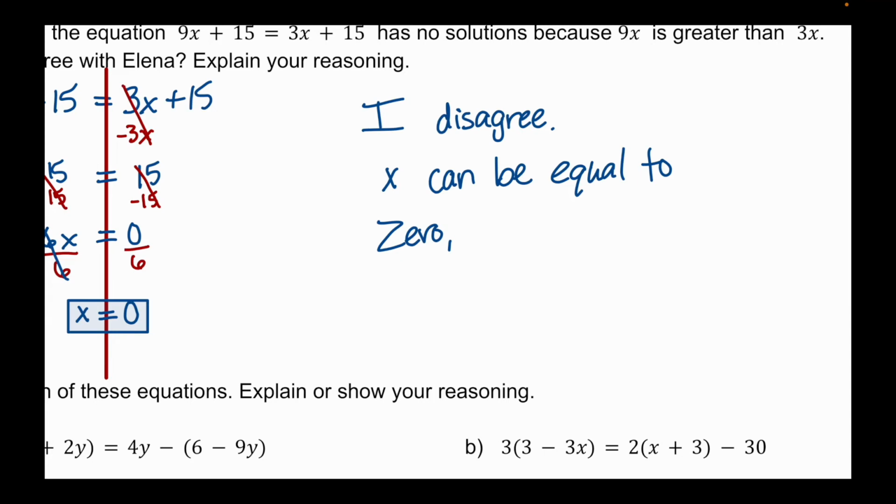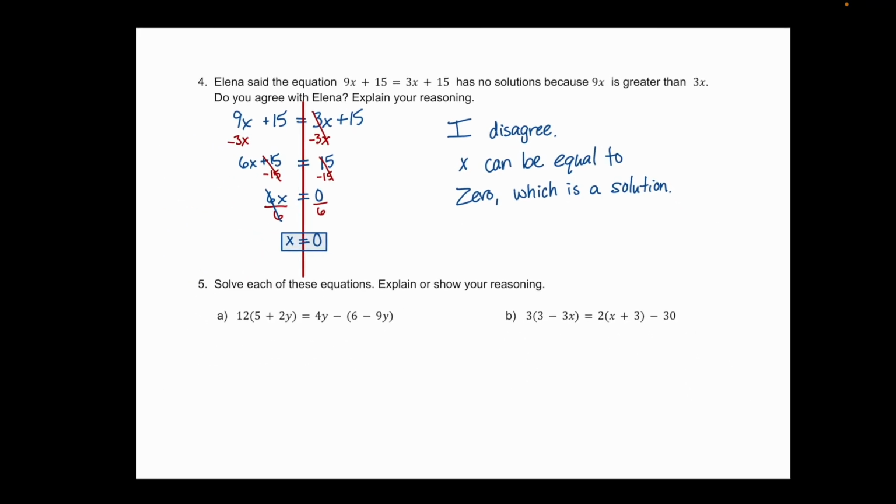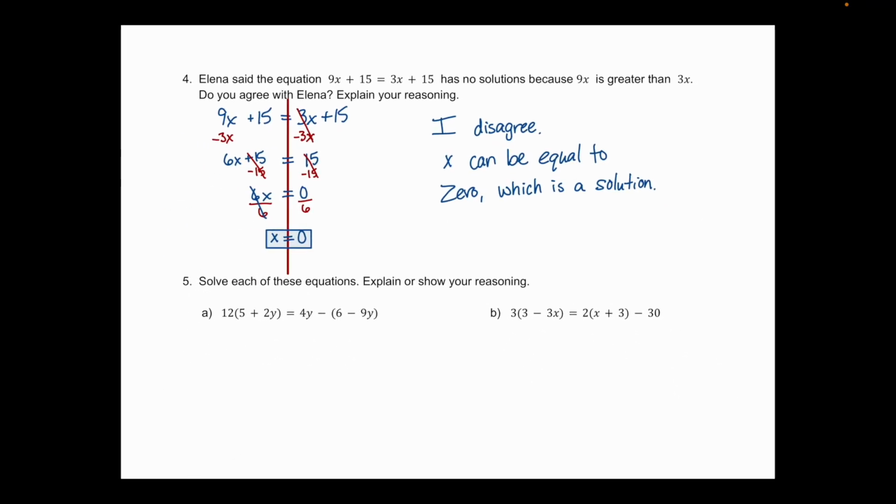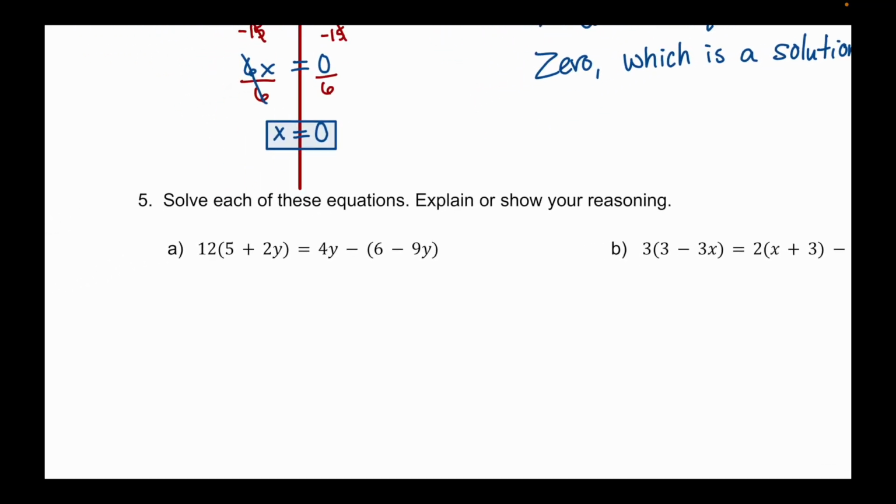It just means that 0 is the solution. So we're saying that x can be equal to 0, which is a solution, because a solution is just a number that makes both sides equal to each other. And if we used 0, that would work.